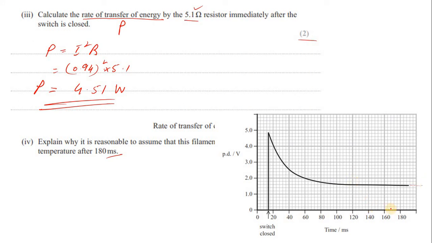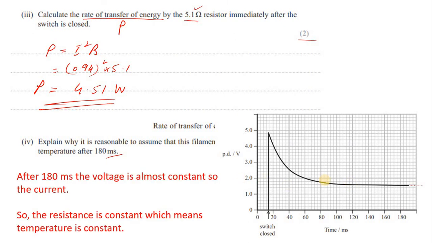So that means after 180 millisecond voltage remains constant. So again voltage constant, so that means current is constant, because voltage is proportional to current. That means resistance is constant. So that's how you can say it.